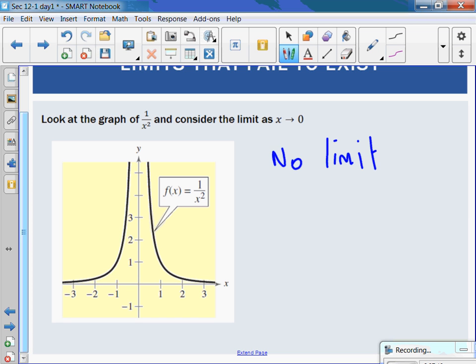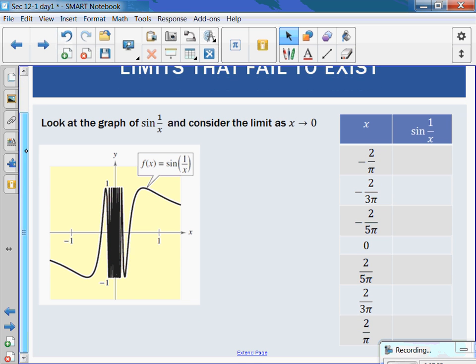Over here, we have the sine of 1 over x. I want to look at the limit as x approaches 0. So, when x equals negative 2 over pi, what do we get? You guys forgot your unit circle, you do have calculators, right?